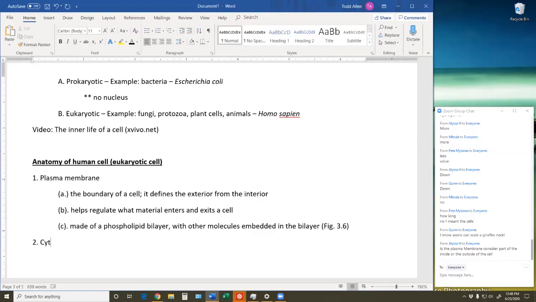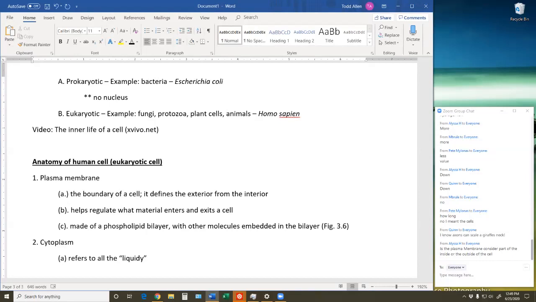Number 2, cytoplasm. Folks, the cytoplasm refers to all the liquidy material, okay, liquidy is a technical word. I am joking, of course.